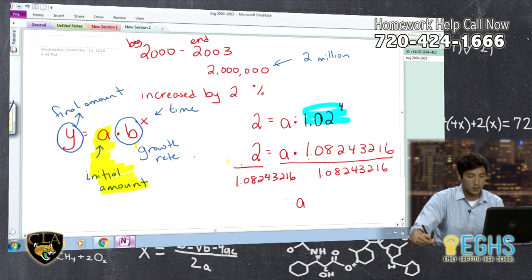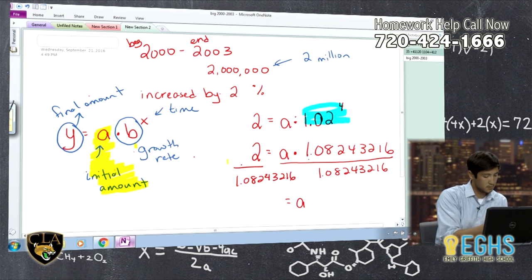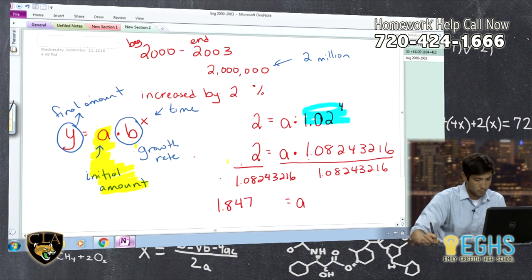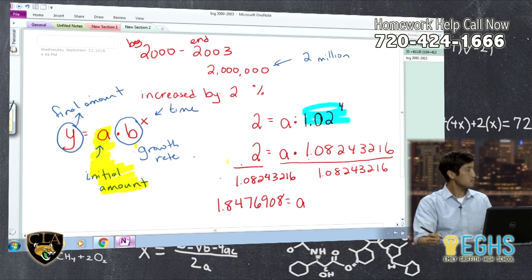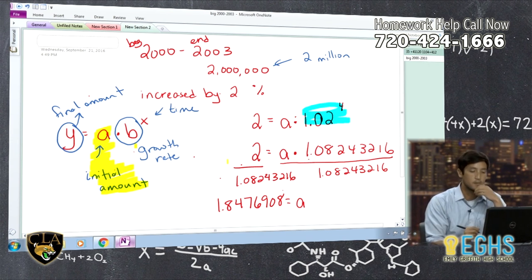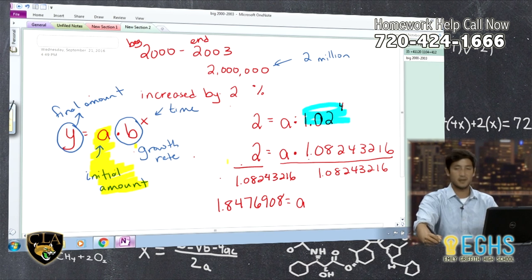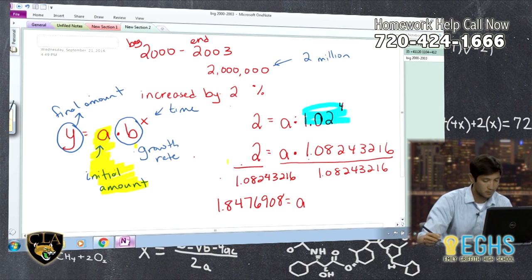And we're going to get a equals 2 divided by that answer, 1.847. Use that answer button in your calculator because it helps you keep it accurate, as Nathan was saying. Don't round it if you don't have to. So we have 1.8476908, and that number continues a little bit further.